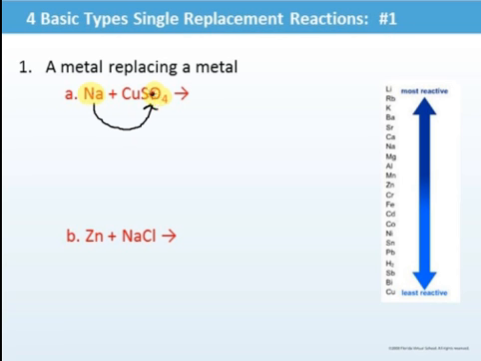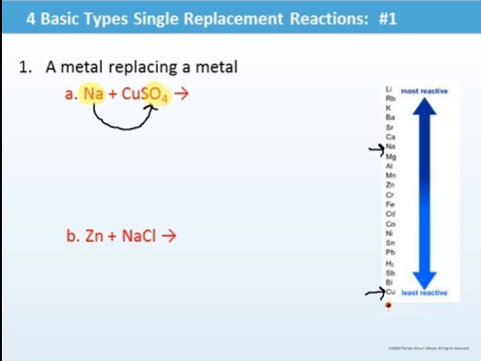We're going to look up sodium, the element that's by itself. It's right here on the activity series. And we're going to look up copper. Copper is right here. Notice this activity series has most of the elements. I didn't include all of them at the bottom because I took this from the course.